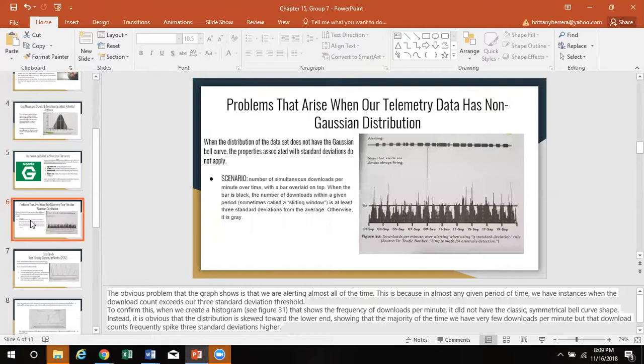This shows the frequency of downloads per minute. It didn't have the classic bell curve shape. Instead, the distribution is skewed towards the lower end, showing that the majority of the time we had few downloads per minute, but the download counts frequently spike 3 standard deviations higher.